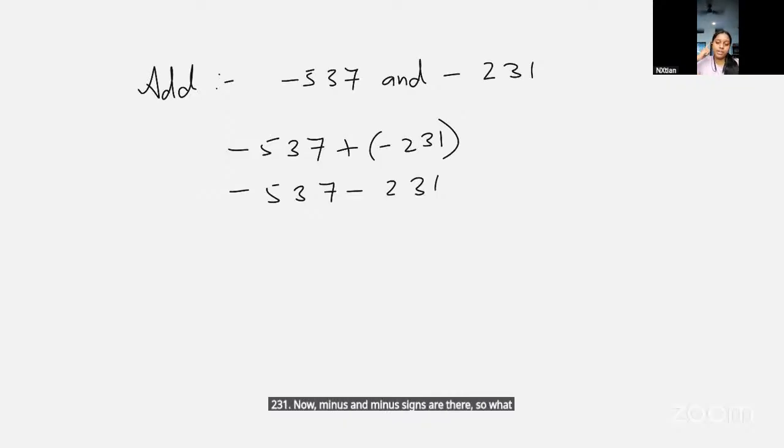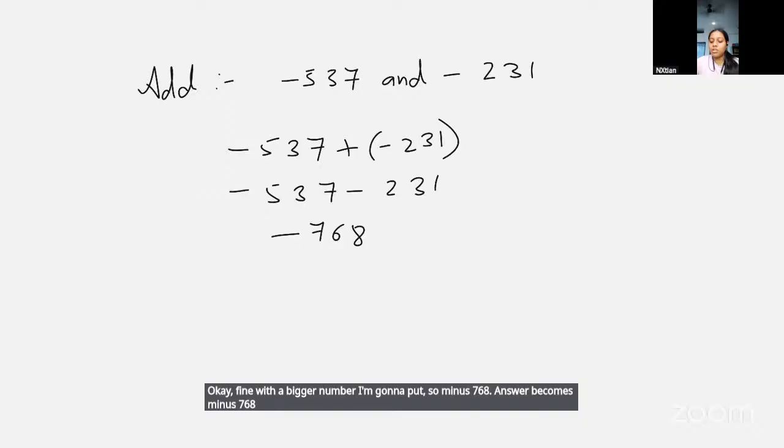We add 537 and 231. 7 plus 1 is 8, 3 plus 3 is 6, and 5 plus 2 is 7, so 768. And the sign of the bigger number I'm going to put. So the answer becomes minus 768.